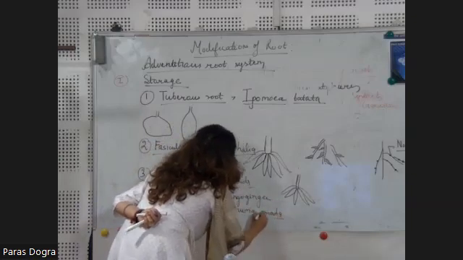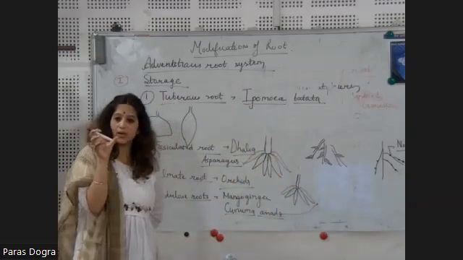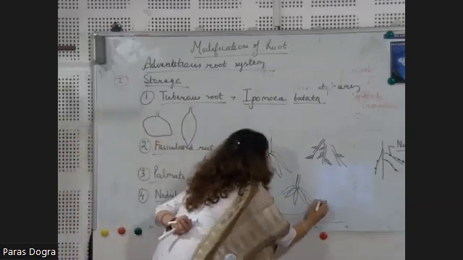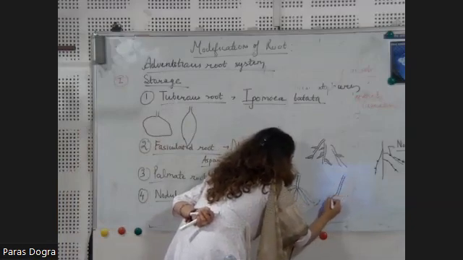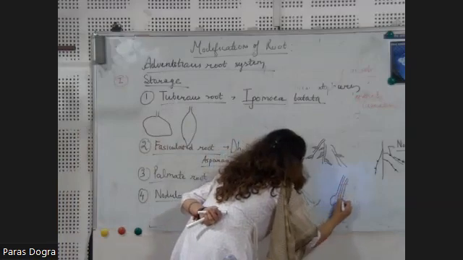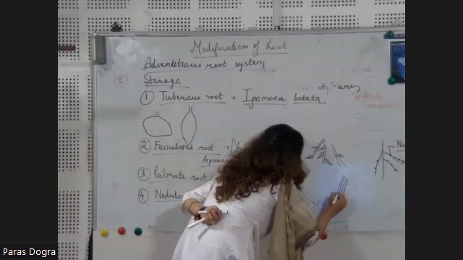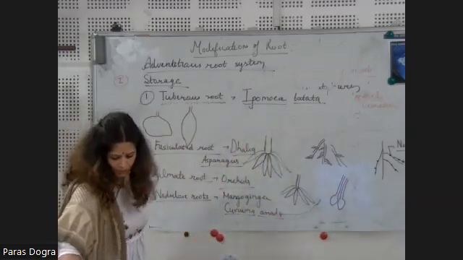What happens here? Here, the roots get swollen. They store reserve food only at the tip. I mean, only the tip gets swollen and not the entire root. So these are your nodulose roots.